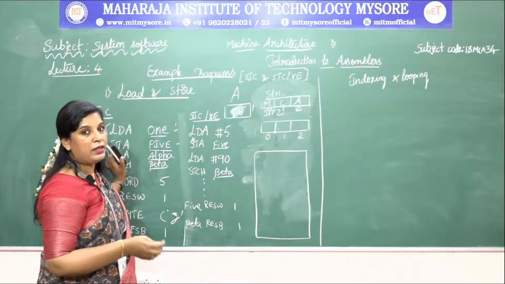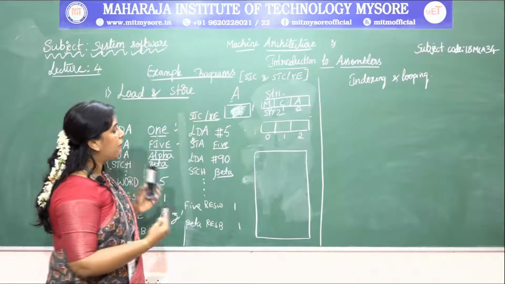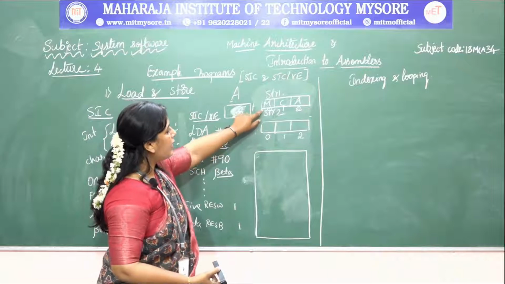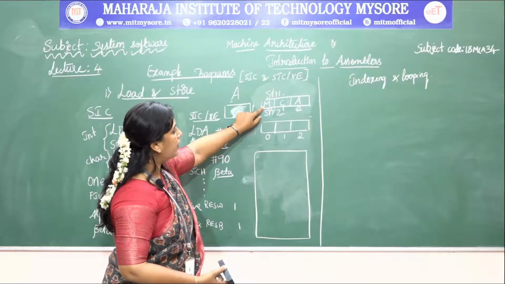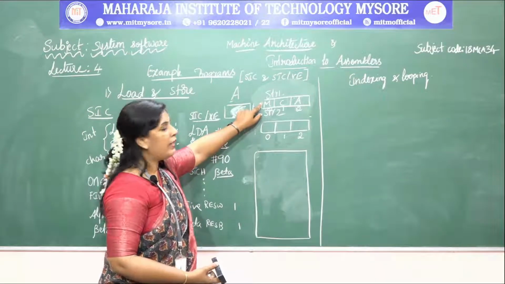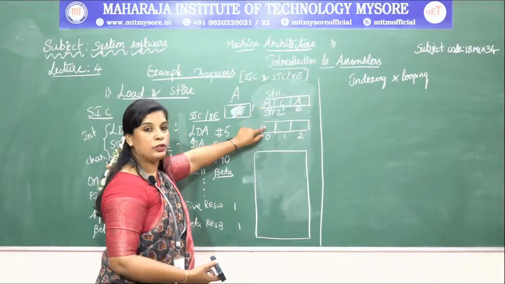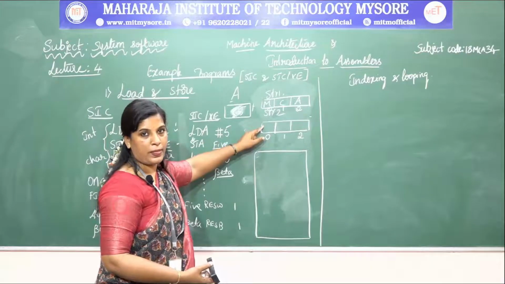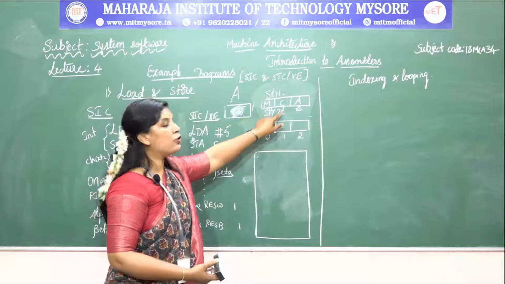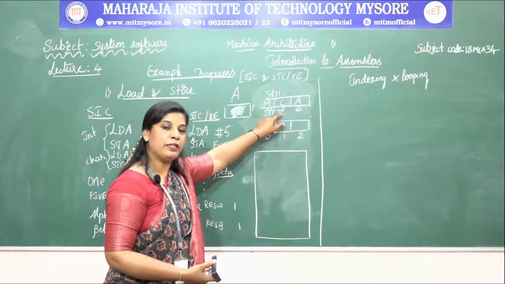As we know, if we want to move the data from string 1 to string 2, I want to copy the character present at the 0th position of string 1 to the 0th position of the second string. So the index register value is 0 at first. Then it has to be incremented to point to the next position.